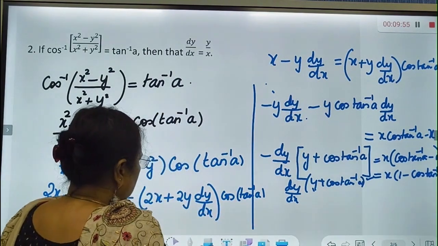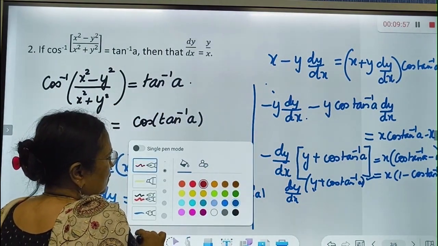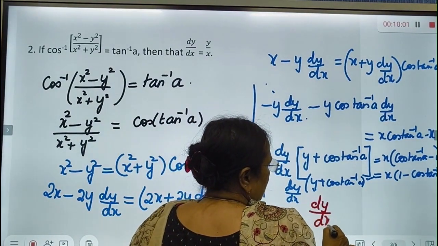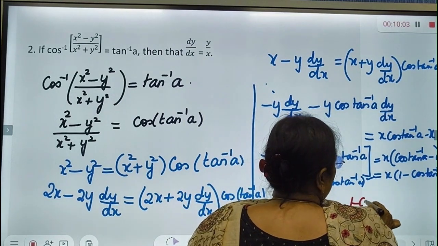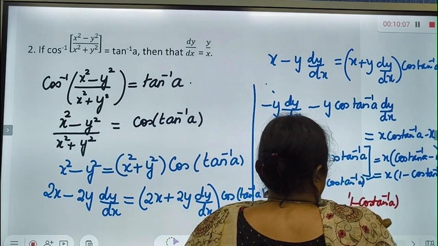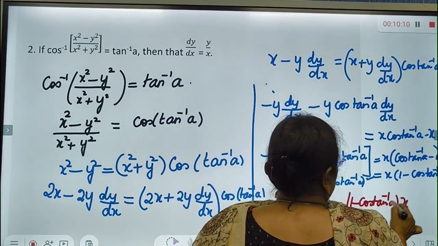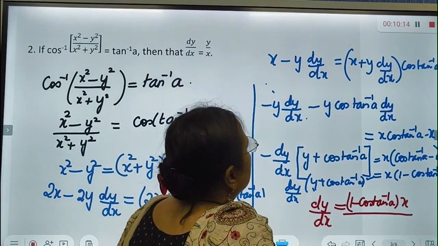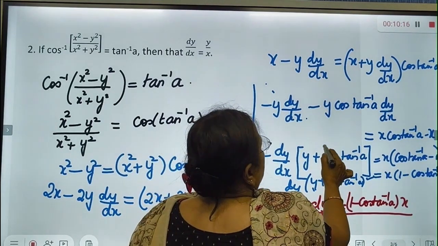Let me use a different color. So, dy by dx will be equal to 1 minus cos of tan inverse A into x divided by, here also I have one y. I have left out that y.